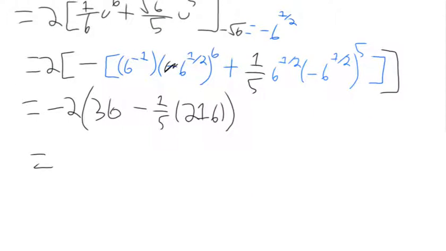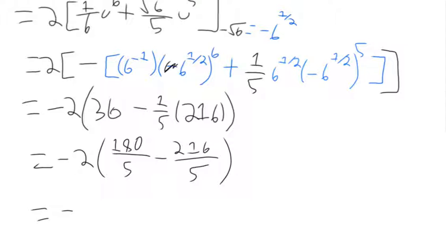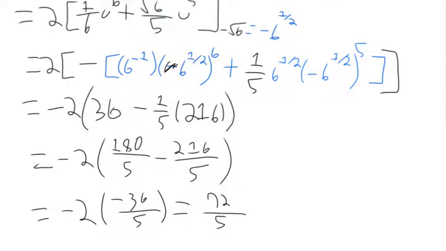So we have negative 2 times 36, I'm going to put that as 180 over 5, minus 216 over 5. So we have negative 2 times 180 minus 216, which is just negative 36 over 5. Negative times negative becomes a positive 72 over 5.